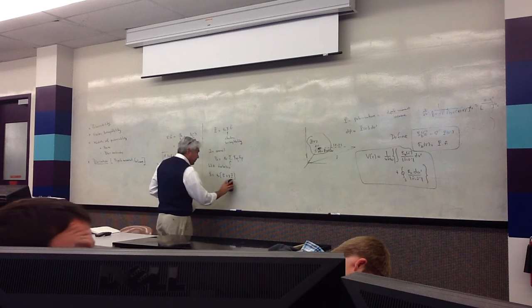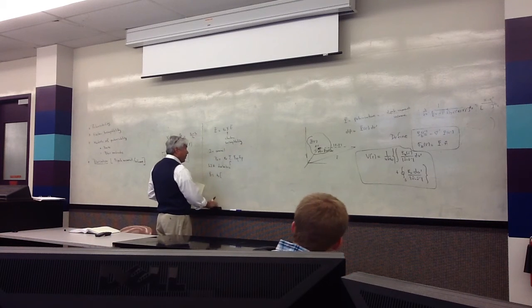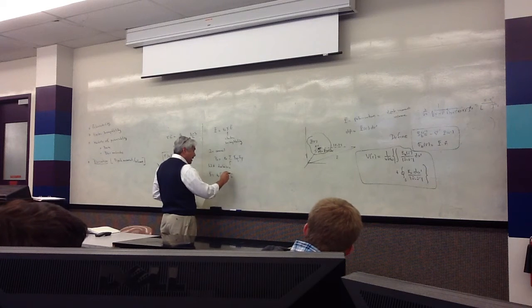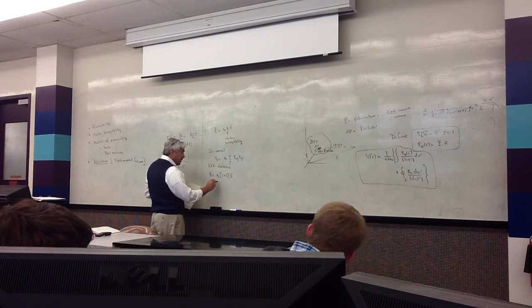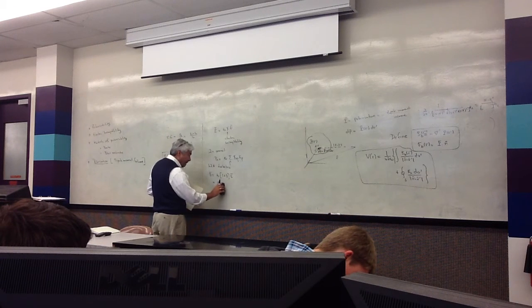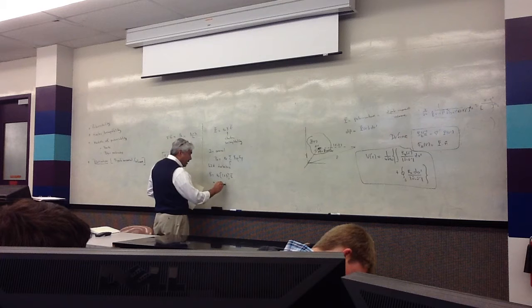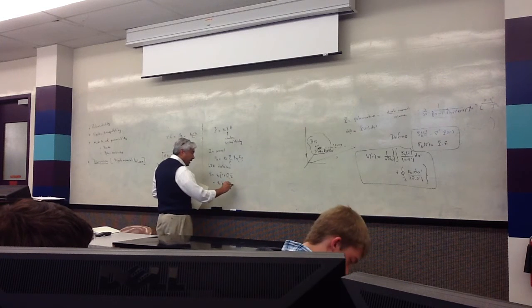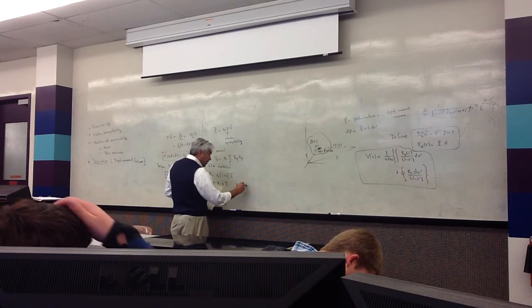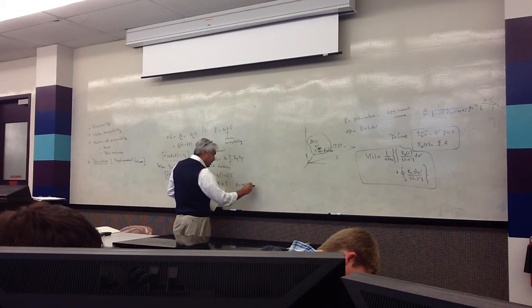Sorry, it's 1 plus chi E. And so I can write this basically as epsilon 0 kappa E, where kappa in this case is the relative permittivity.